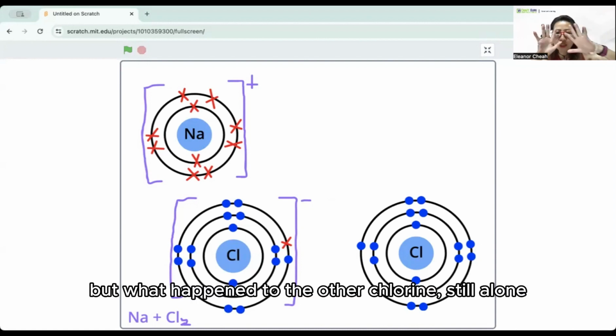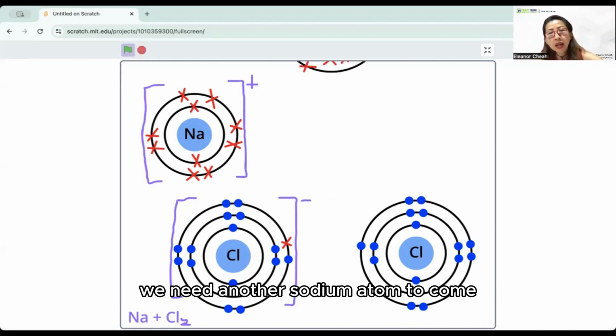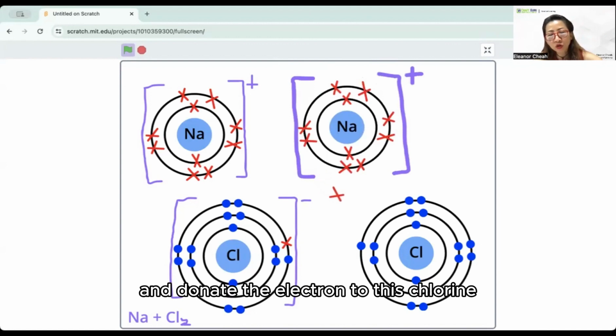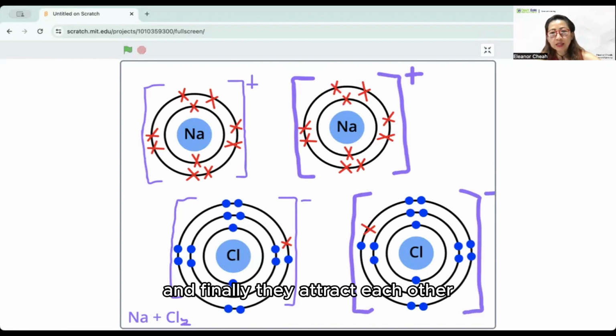But what happened to the other chlorine? Still alone. We need another sodium atom to come and donate the electron to this chlorine. And finally, they attract each other. That's why you see the formula at first 1 sodium, 1 chlorine molecule.